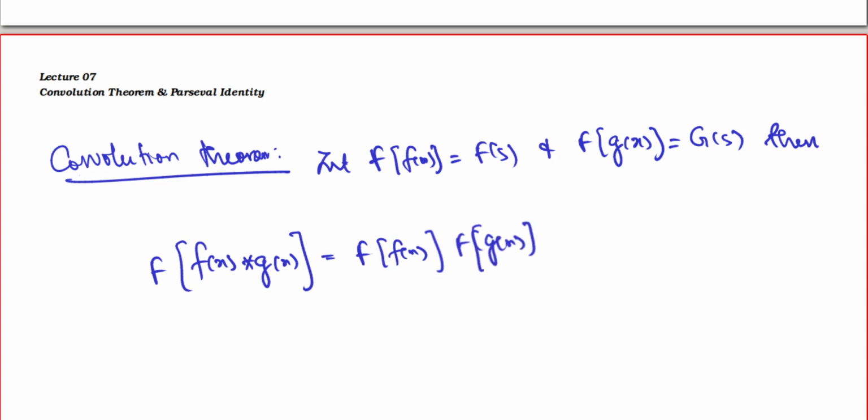Okay, that's it. Now we usually denote this as the product of f of s into g of s, because the Fourier transformation of f is defined as this.